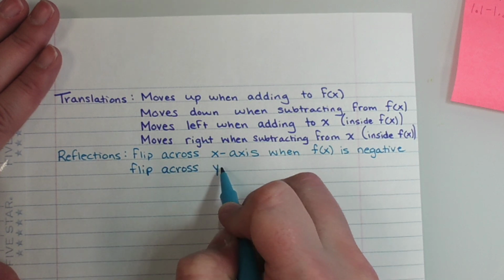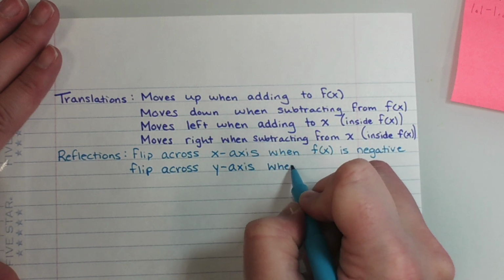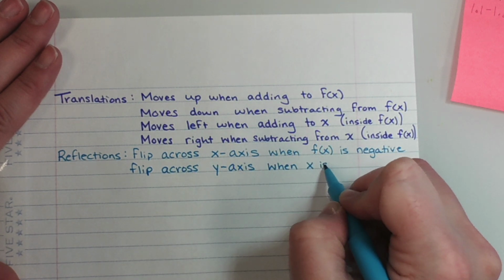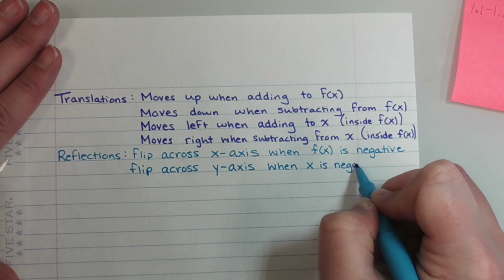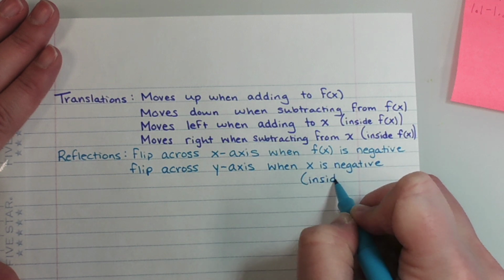On the other hand, if you wanted to flip across the y-axis, that's when x was negative. Specifically, again, inside of the function.